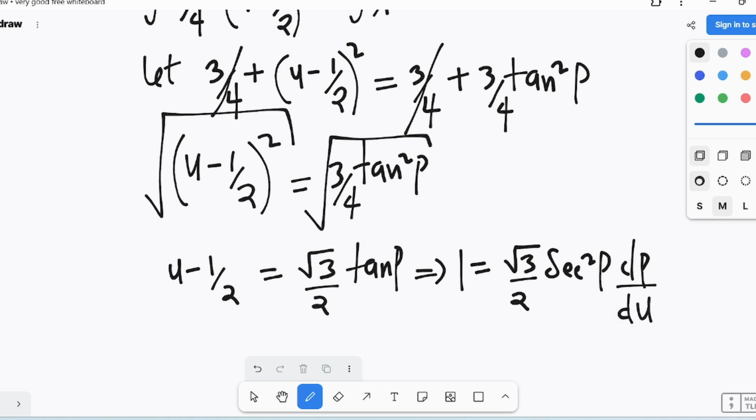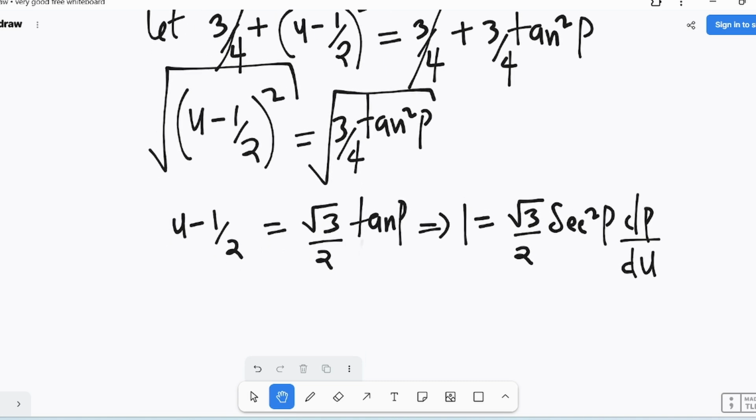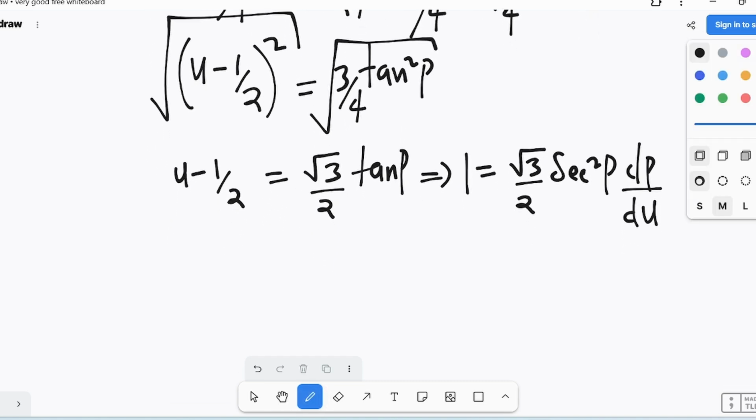So our aim is to make du the subject. On making it du the subject, our du becomes root 3 out of 2 sec squared p dp.